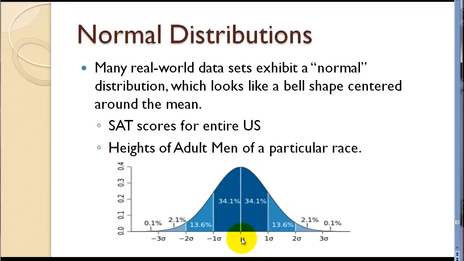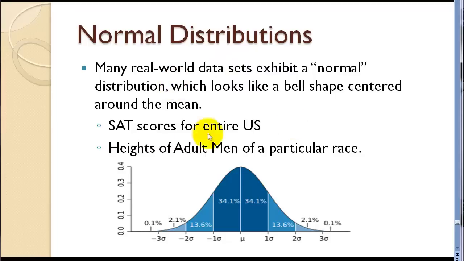Now, if you notice on the bottom here, mu stands for the mean of the data, and we've counted off adding 1 standard deviation, adding 2 standard deviations, adding 3 standard deviations to the right, and subtracting multiples of standard deviations to the left.